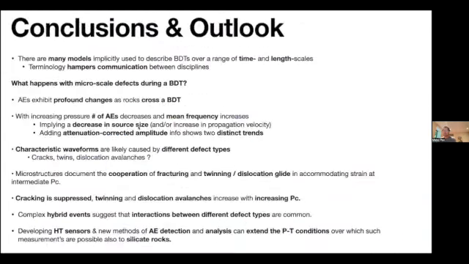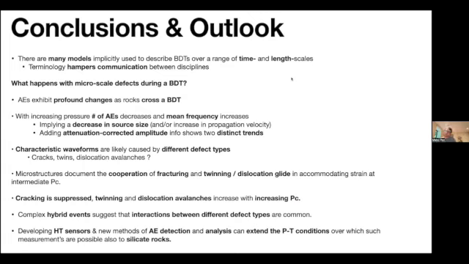And so to conclude, I would like to first summarize the first part of the talk: there are many models that are implicitly used to describe the brittle-ductile transition over a range of time and length scales that are common to different disciplines.